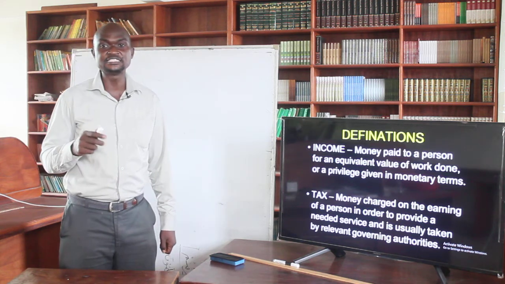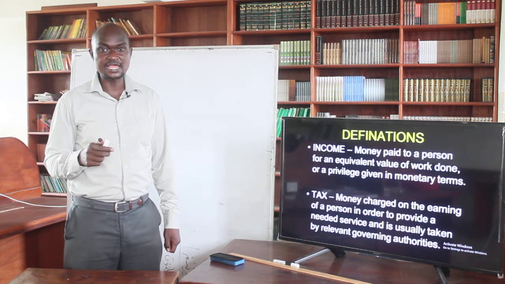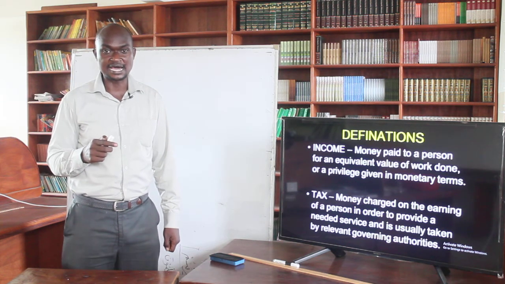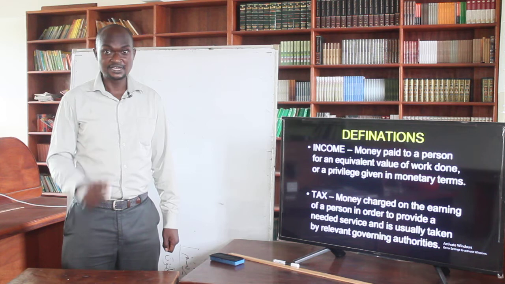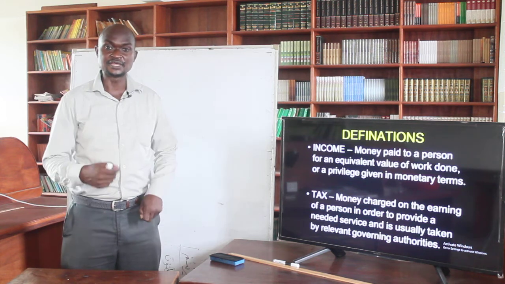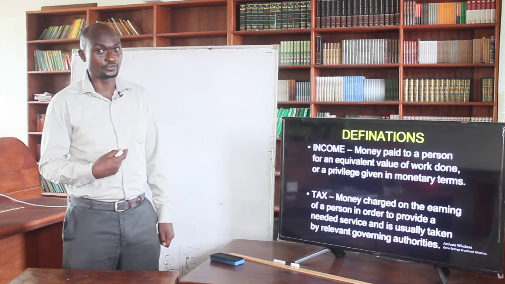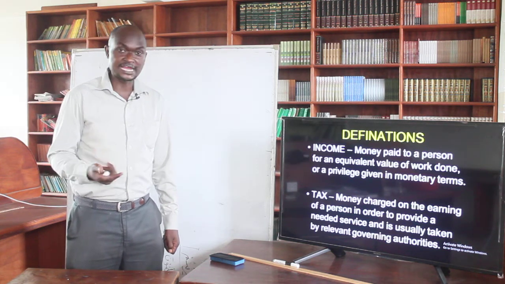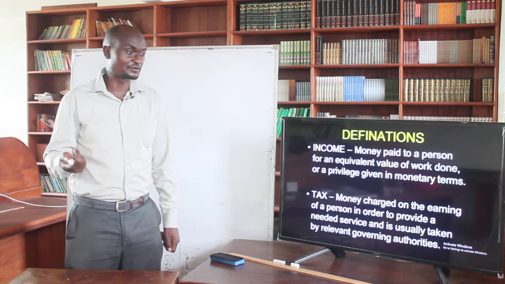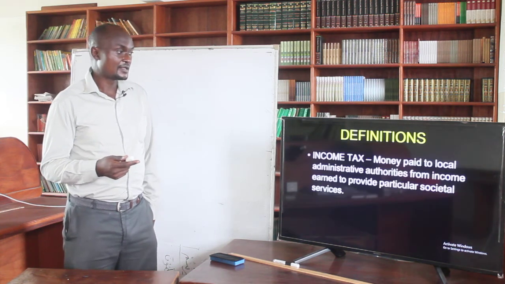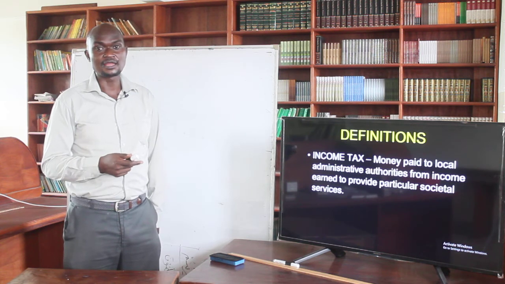Now, what is tax? Tax is money charged on the earning of a person in order to provide a needed service, and is usually taken by the relevant governing authorities. In this case, it will be Kenya Revenue Authority in Kenya, IRS in the US, Internal Revenue Services, and all that. We define now a combination of that.